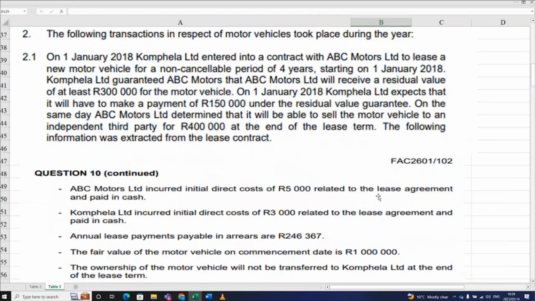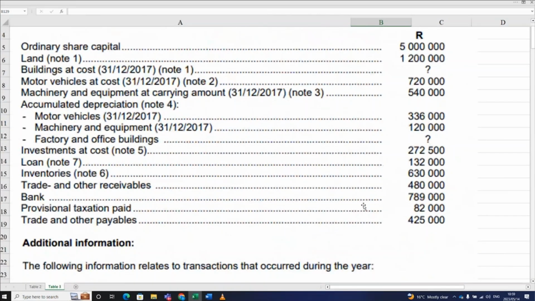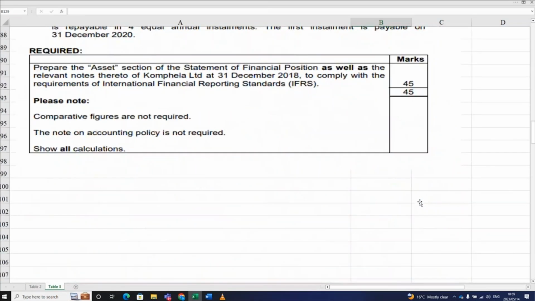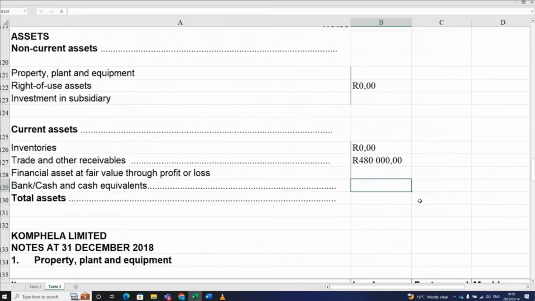Also no notes there, nothing affected it, presented at the 31st of December 2018. And then I go in and I slot it in.